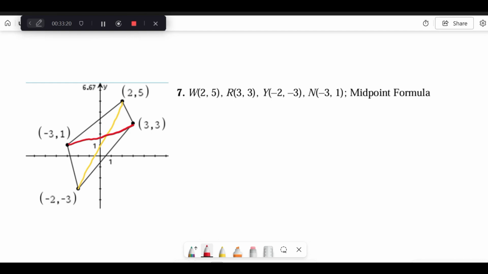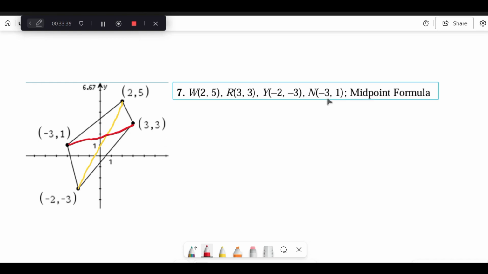And then the idea is to find the midpoint of one and find the midpoint of the other. And if it's the same point, then it's a parallelogram.